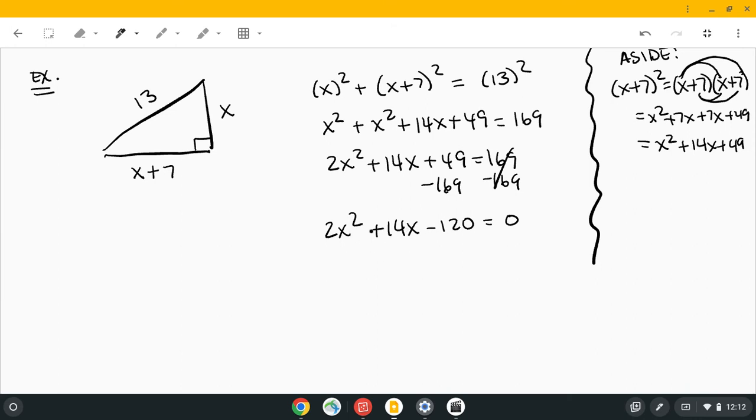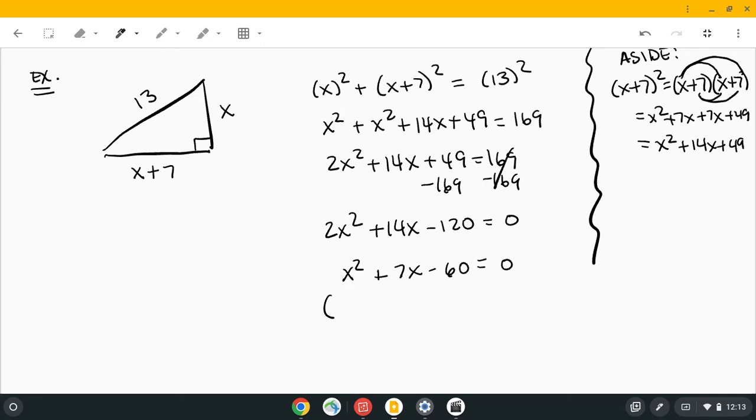I also notice here that this is divisible by 2, that's divisible by 2, they're all divisible by 2. So I'm going to make my numbers smaller by dividing both sides by 2. 2 divided by 2 is 1, 14 divided by 2 is 7, 120 divided by 2 is 60, and 0 divided by 2 is still 0.